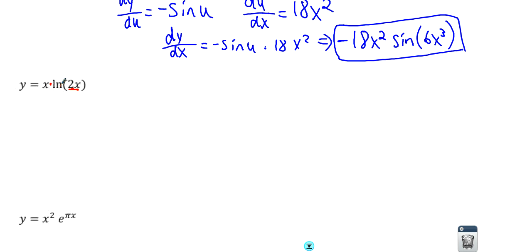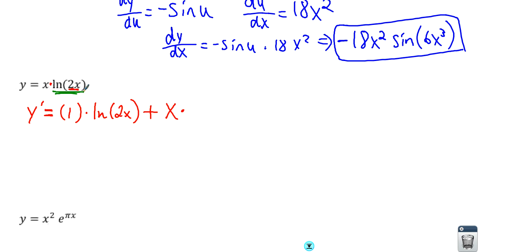Okay, so we want to take the derivative, y prime equals, and this is where it gets tricky. Okay, so I'm doing product rule, so derivative first. The derivative of x is 1 times the natural log of 2x plus x times, now we have to take the derivative of natural log. To take the derivative of this, I have to do chain rule.